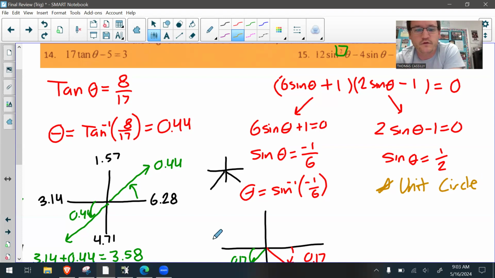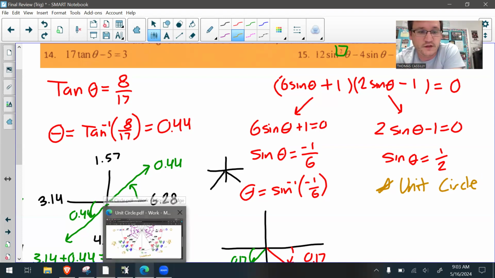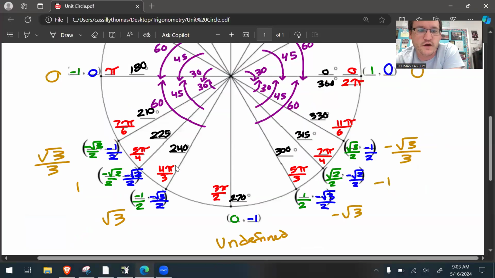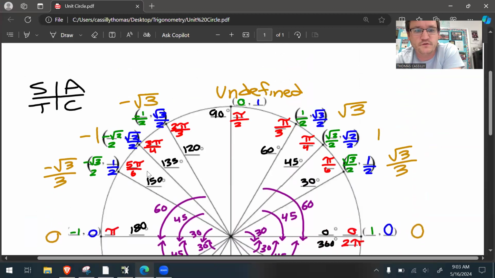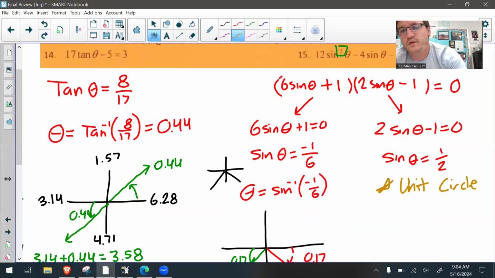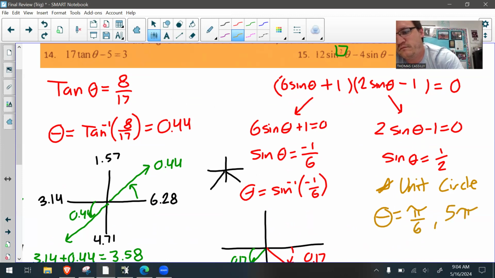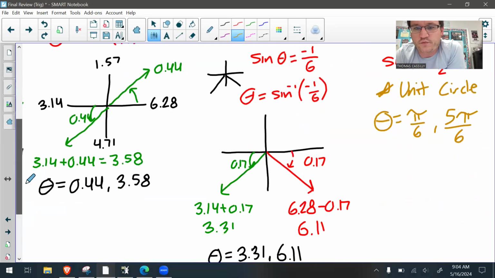Just find where sine of theta equals 1/2 on our unit circle. Those are going to be in the top two quadrants, at pi over 6 and 5 pi over 6. And that one's done. Those second answers worked out pretty nicely.